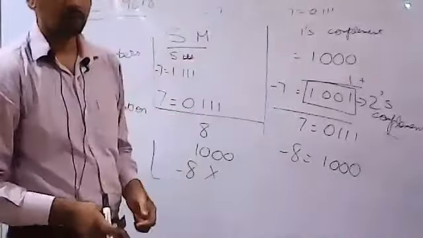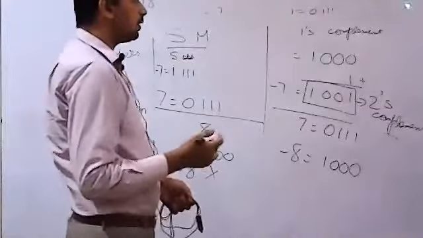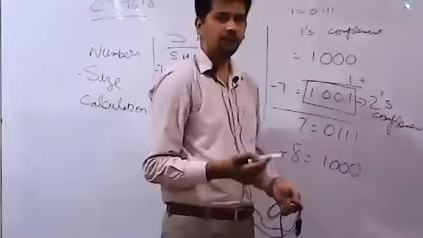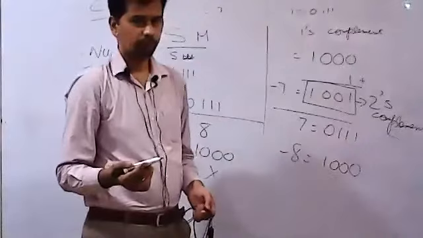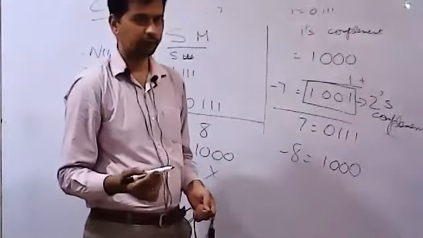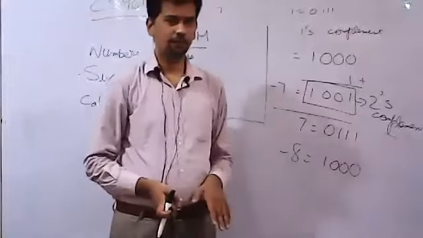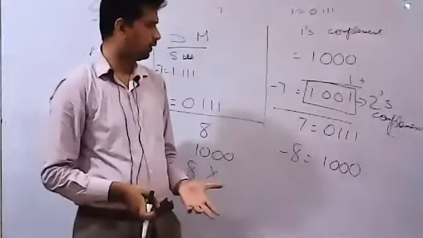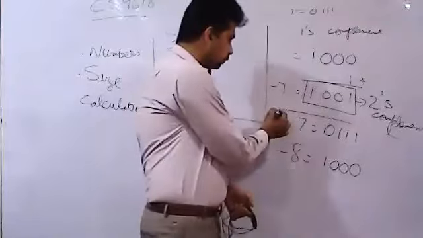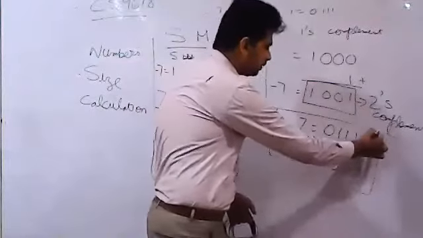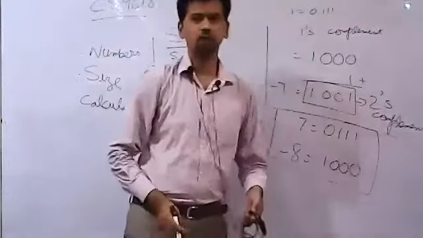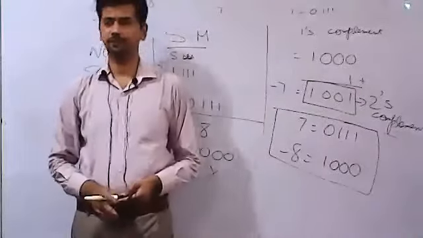For example, if I ask you what is the biggest number that you can represent in 8 bits, how are you going to calculate that? And what is the smallest number that you can represent in 8 bits, and how are you going to calculate this? So keeping this in your mind, try to figure out how I did that.